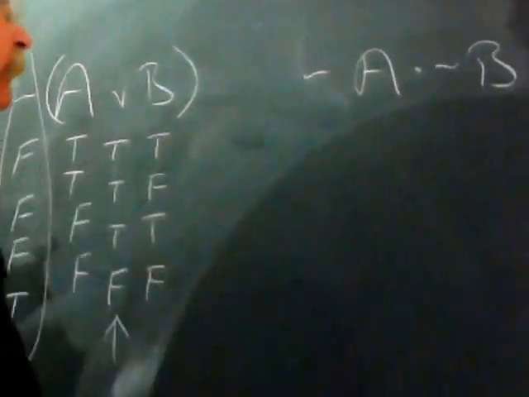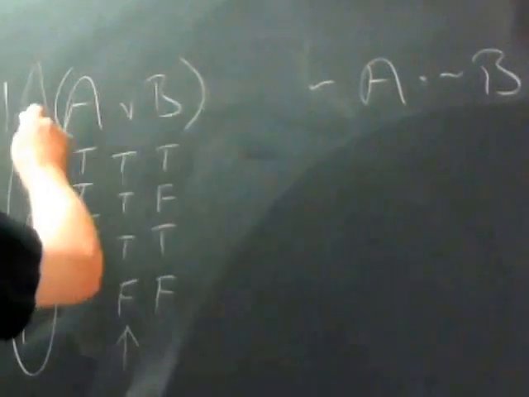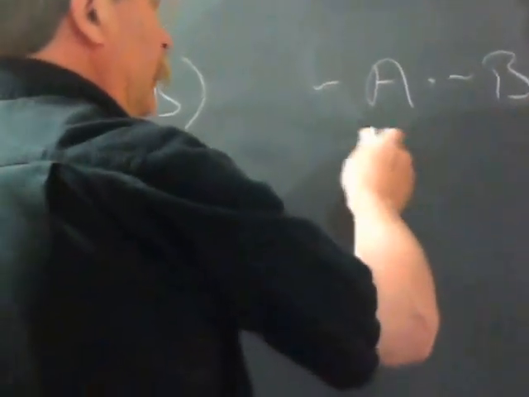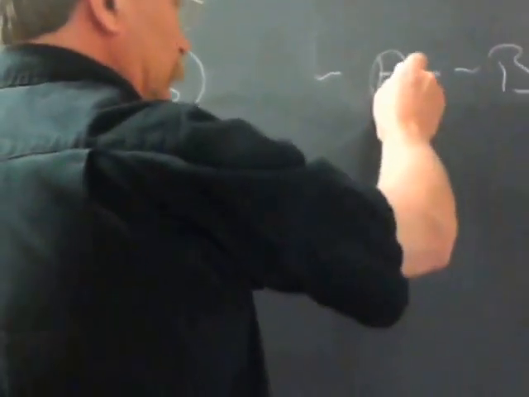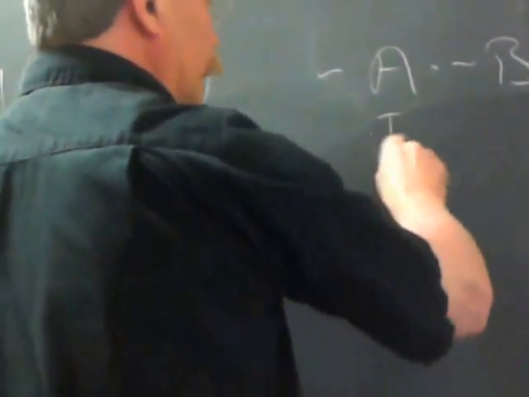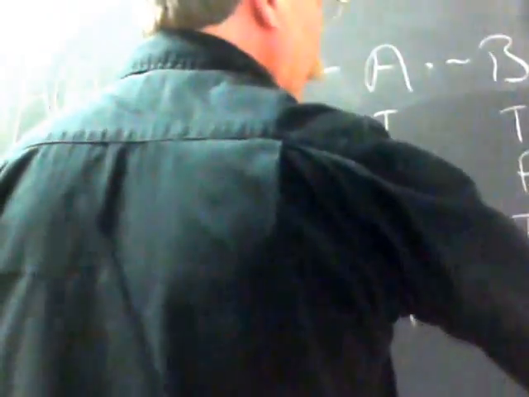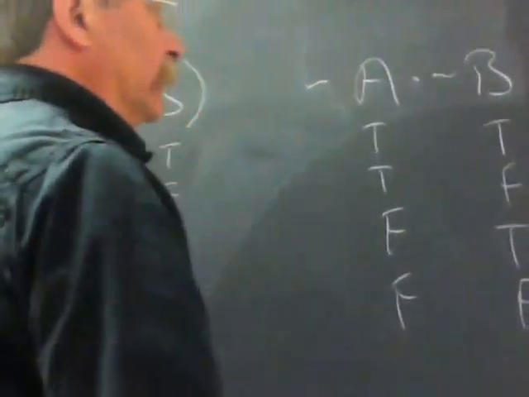Let's look at this statement over here. Again, this one said neither A nor B. This one says not A and not B. Again, there's 4 lines to get to, because there's 2 letters, A and B, so true, true, false, false, and true, false, true, false, under the letters themselves.